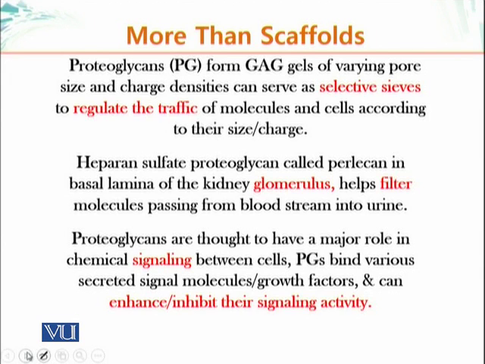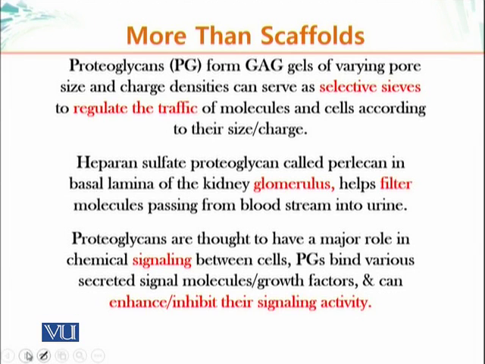Proteoglycans are thought to have a major role in chemical signaling. We have discussed cell signaling in great detail, as you will learn from this module and other future modules, and these molecules also have a very significant role in cell signaling.